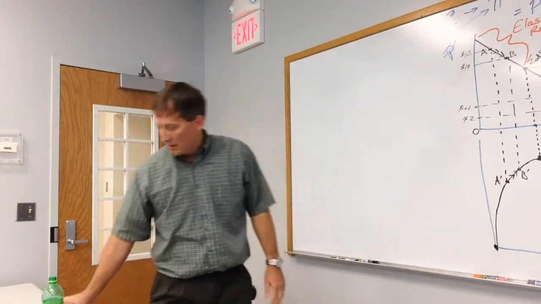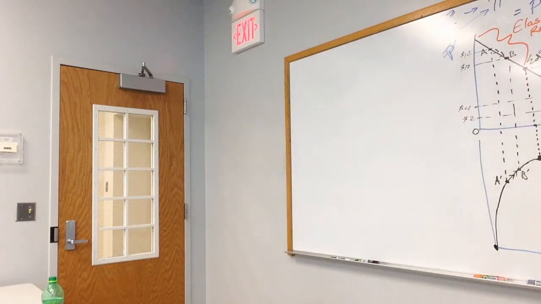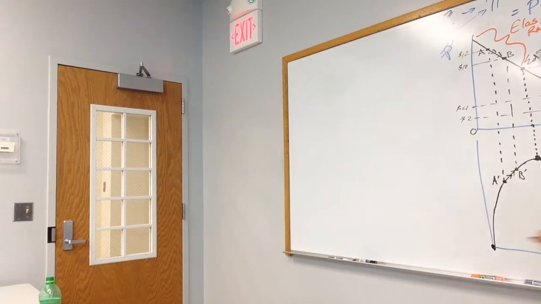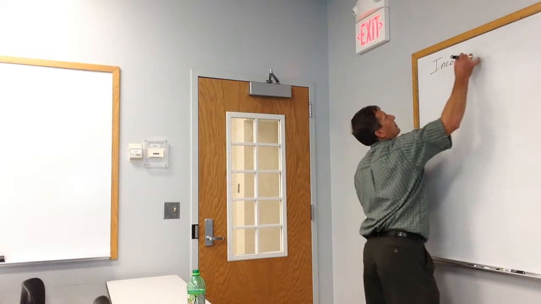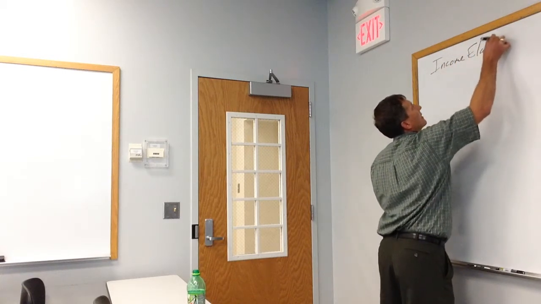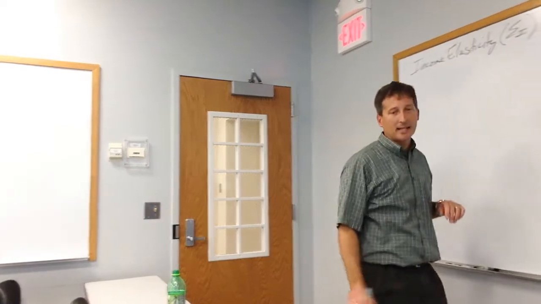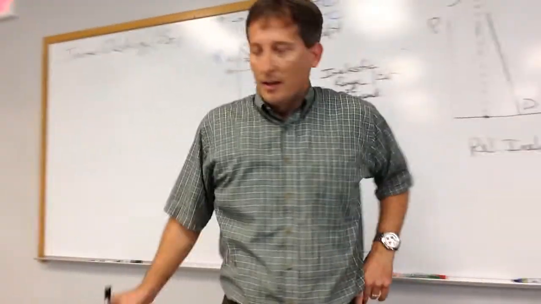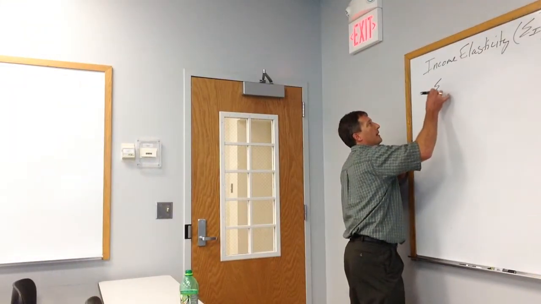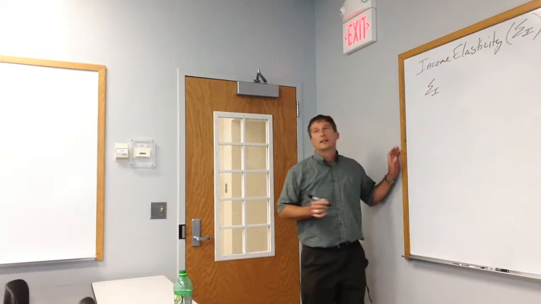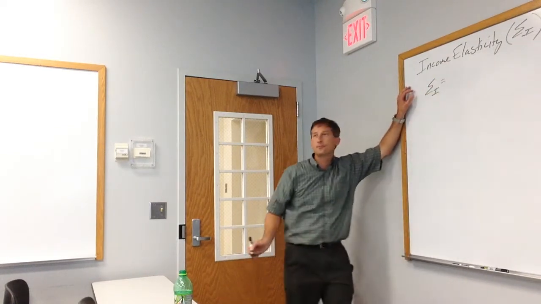And now we can use elasticities to measure those responses more quantitatively too. So the first one we're going to look at is the income elasticity. The formula, another formula for you to memorize. You're going to see some similarities. So really, you memorize one, and I think you've got it down.